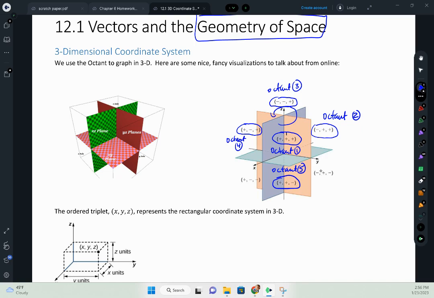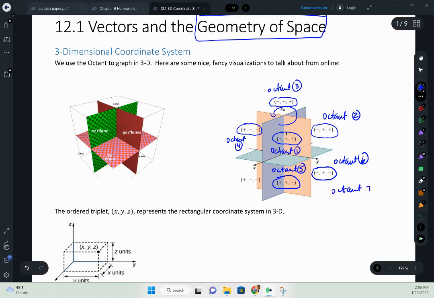If we go to the bottom right back room, X and Z are negative and Y is positive. This is octant 6. Octant 7 is invisible to us right now, but it's diagonally back from octant 5, and everything is negative.